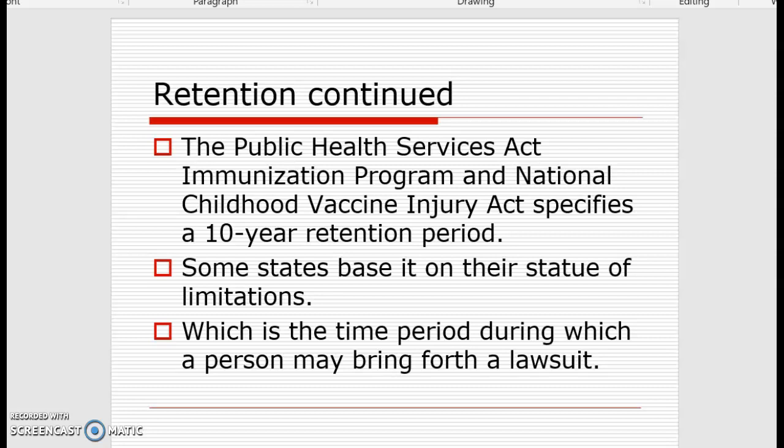The Public Health Service Act Immunization Program and National Childhood Vaccine Injury Act specify you need to hold on to records for immunizations for a 10-year retention period. Usually most facilities anymore keep them permanently in their system, as they don't want to get rid of those immunizations. Some states base it on their statute of limitations, which is the time period during which a person may bring forth a lawsuit.